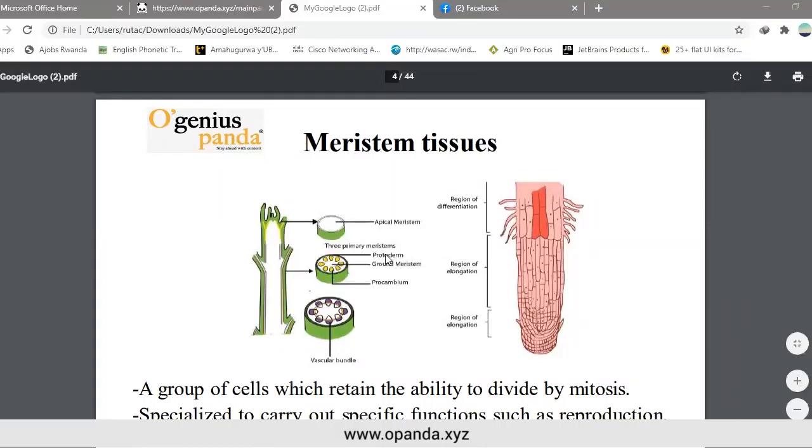Inside there, we have vascular bundles, that is phloem and xylem. We have cambium also, procambium, ground meristem, and protoderm. We also have the apical meristem. Remember that apical meristems are those tissues which assure the growth in length.